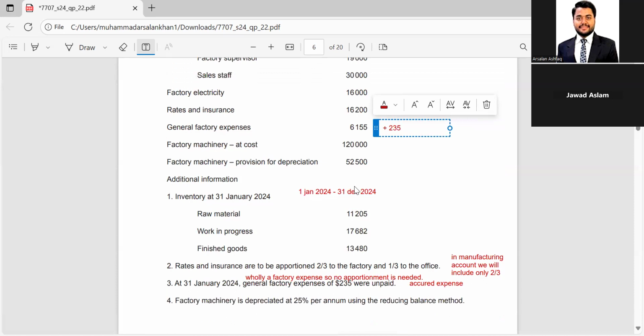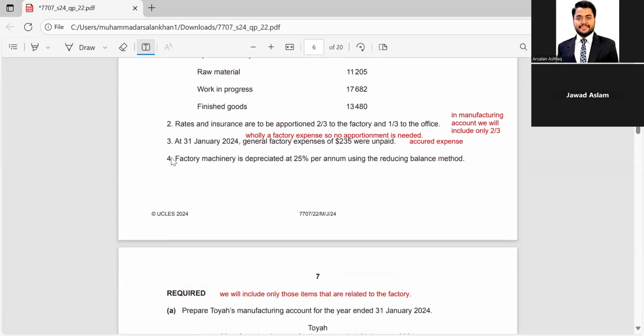Now, the last adjustment is factory machinery is depreciated at 25% using the reducing balance method. So factory machinery, by name it says factory machinery.